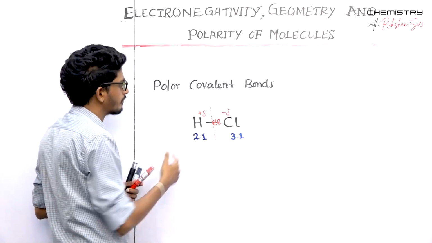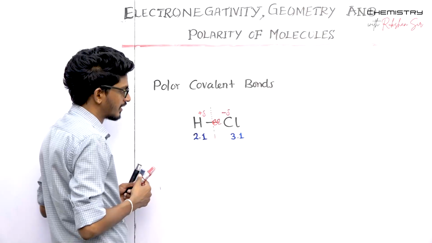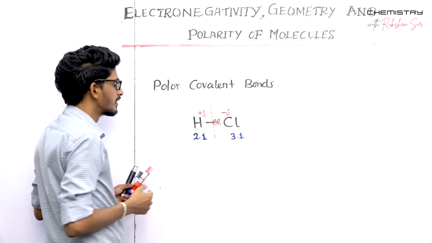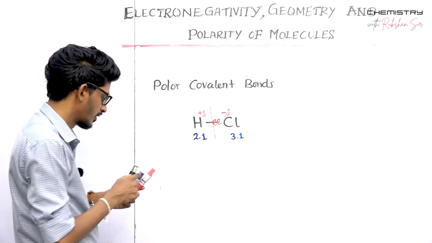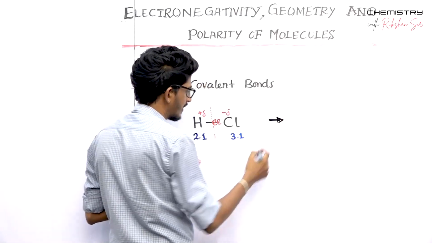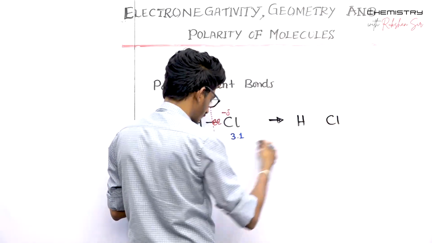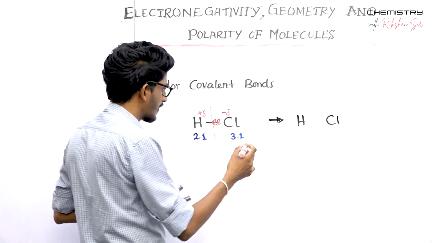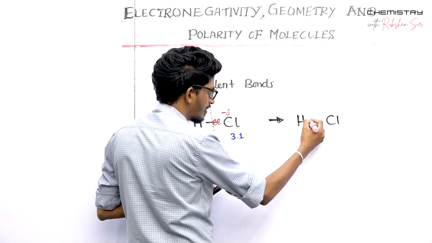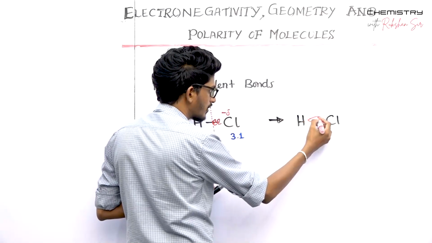So there is a covalent bond with some poles, a negative pole as well as a positive pole. We can picture the same situation with this picture. The electron pair is more towards the chlorine, not symmetric. The shared pair is more towards the chlorine.